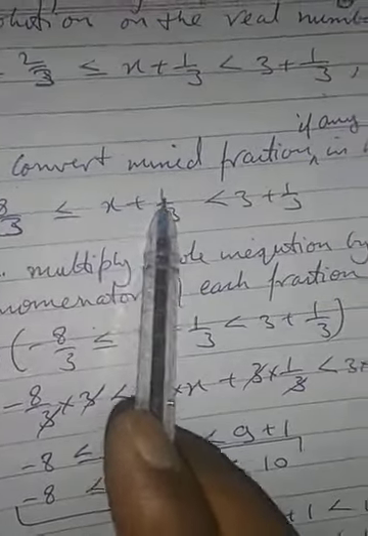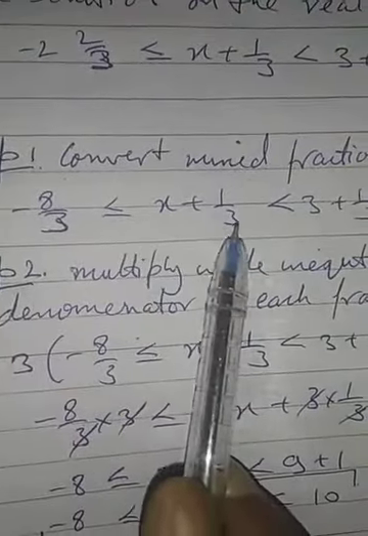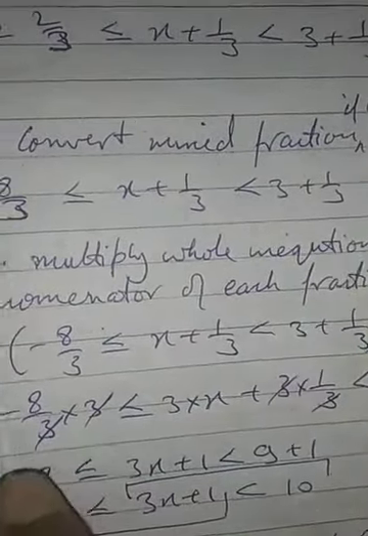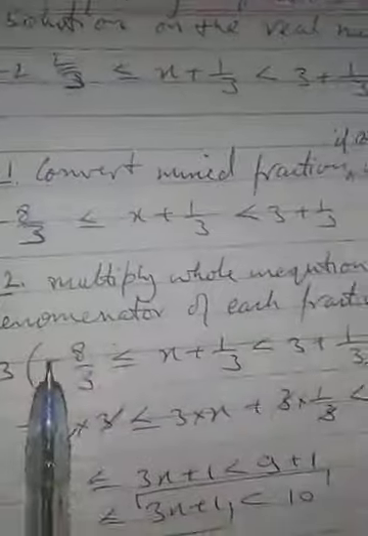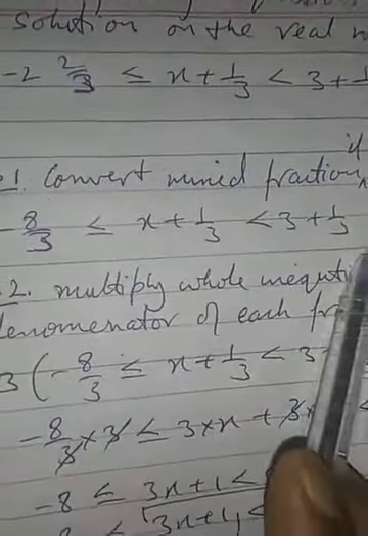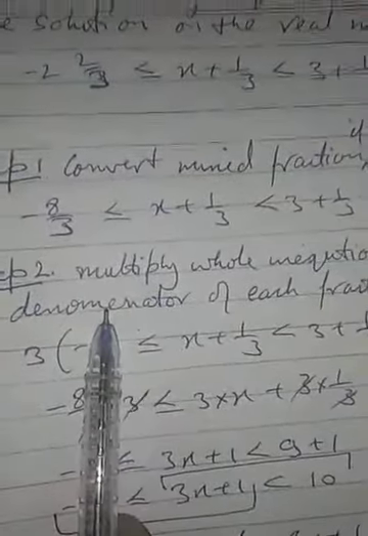So minus 8 upon 3 is lesser than or equal to x plus 1 by 3 is lesser than 3 plus 1 by 3. Now step 2: we have to take the LCM of all the denominators contained in the fractional part of this inequation. In this case we have only one denominator, that is 3, so the LCM will be 3 only.